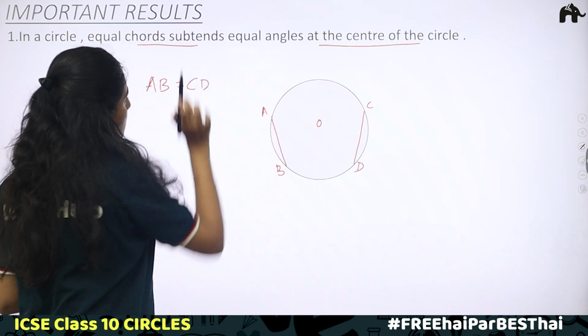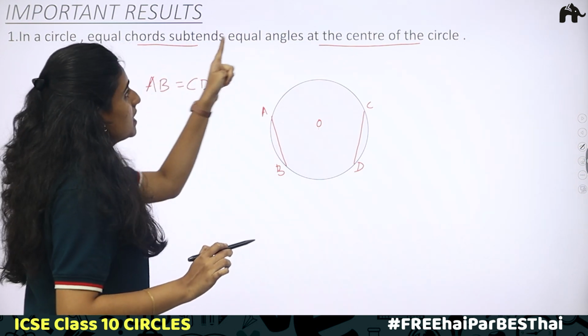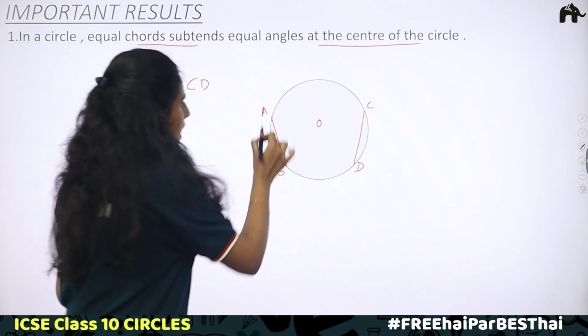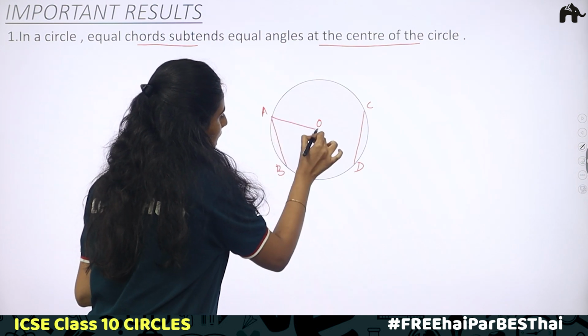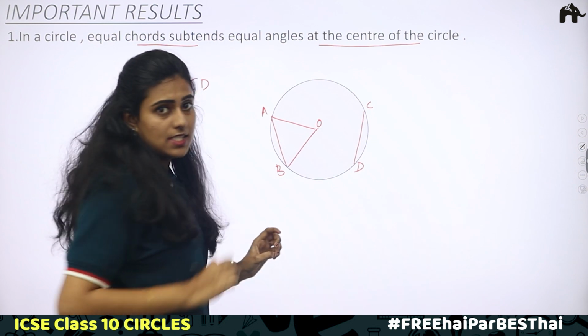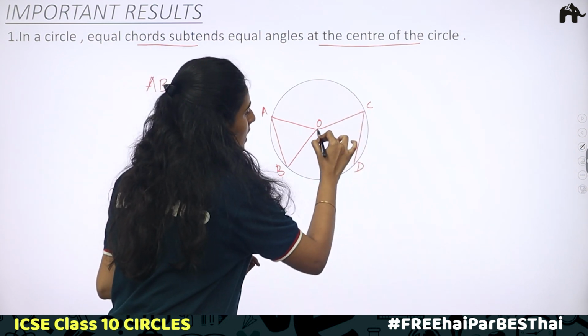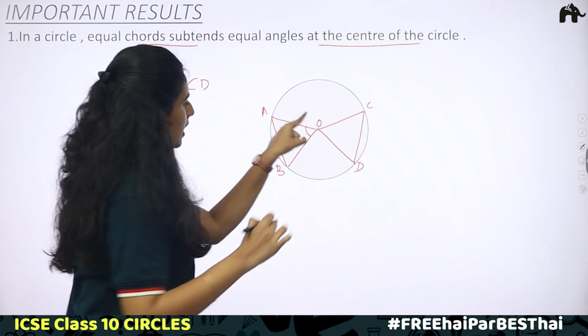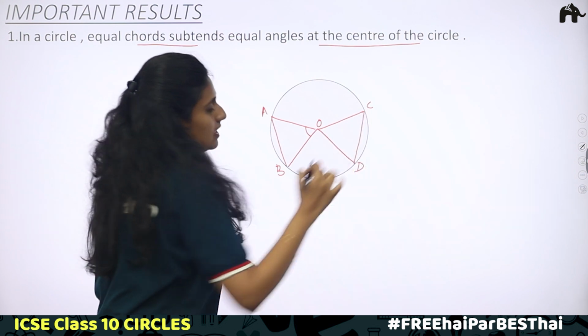Now, what does the statement say? Equal chords subtend equal angles at the center. AB subtends angle AOB at the center and CD subtends angle COD at the center. This is angle AOB and this is angle COD.